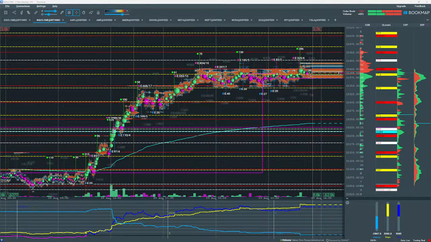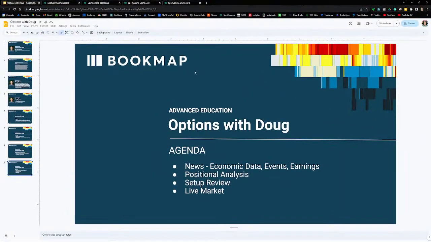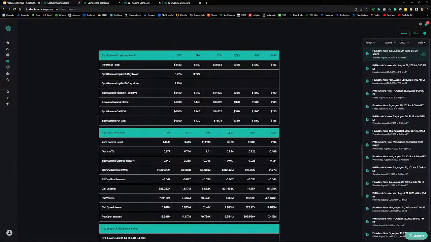All right, let's take a look at some additional information I use in my positional analysis. First of all, gamma notional. Market makers' position on the gamma curve at the beginning of the day was still negative for SPX, SPY, and QQQ.